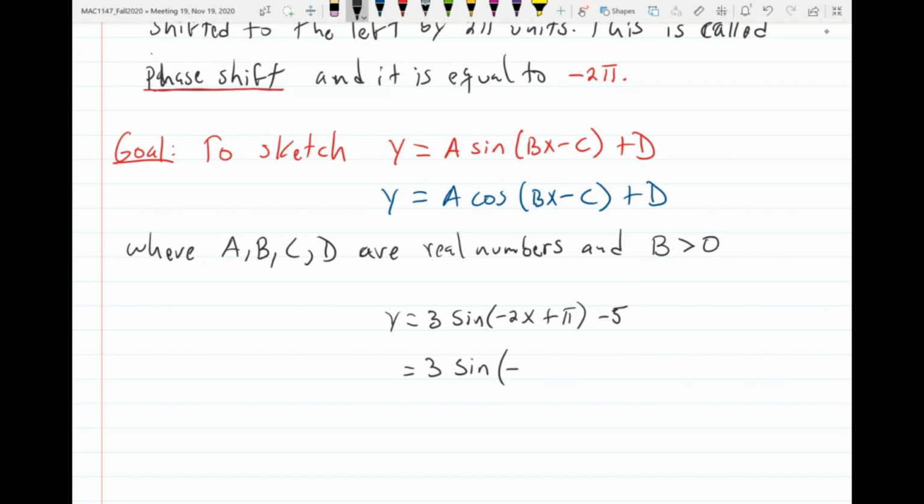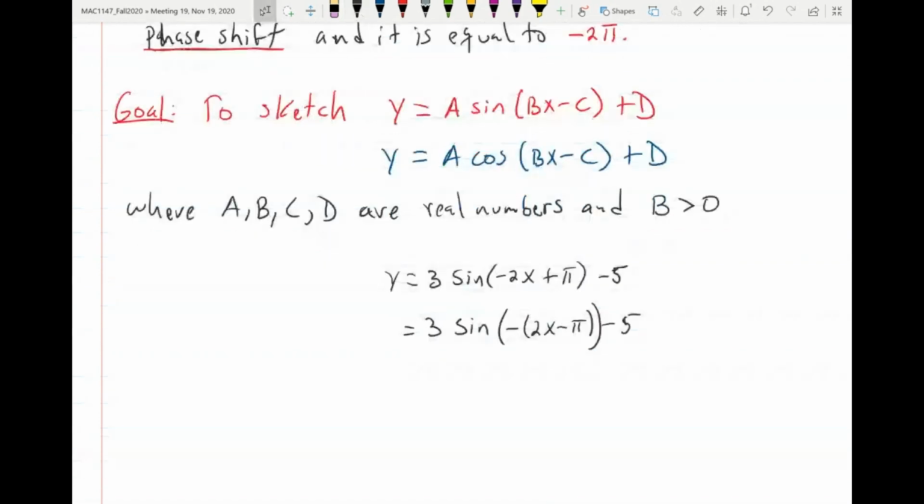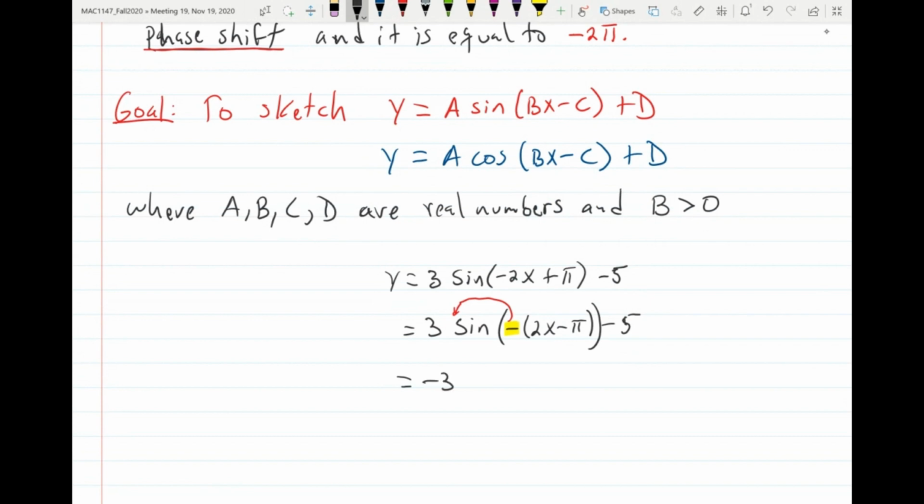You can factor out this negative, so that would be negative pi, and then minus 5 outside. Since sine is odd, this minus we can take out. Remember, that's what it means to be odd. So this is really the same thing as negative 3 times sine of 2x minus pi minus 5.